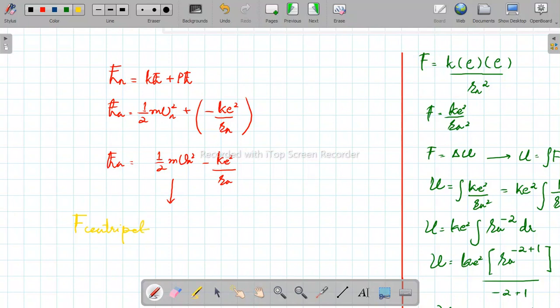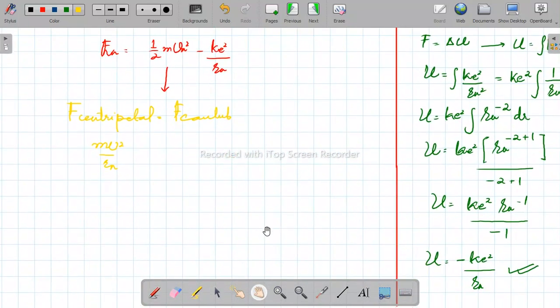So we can write F centripetal equals F Coulomb's. How do we write centripetal force? It is mv square over r, rn in this case, right? Because we are deriving a general equation right now. How do we write Coulomb's force? I just mentioned here that it is k e square over rn square.